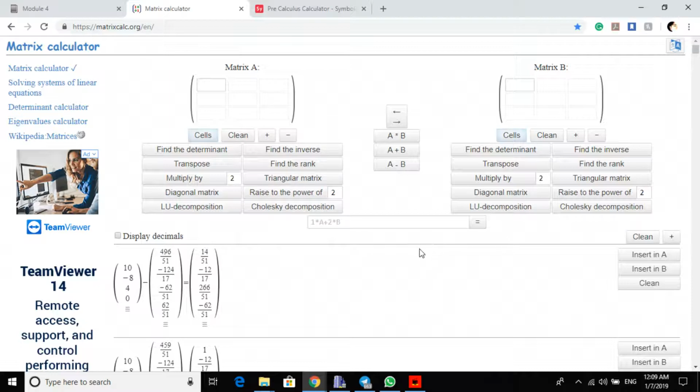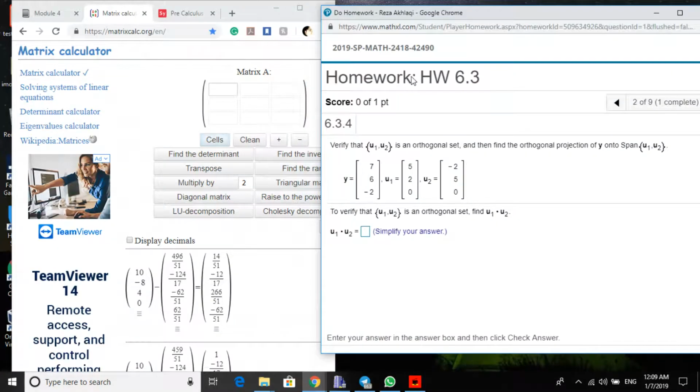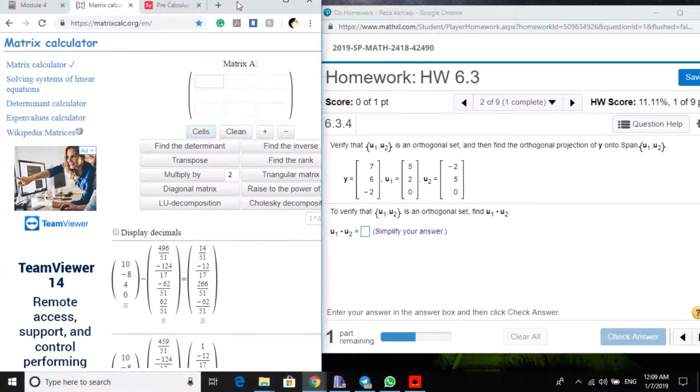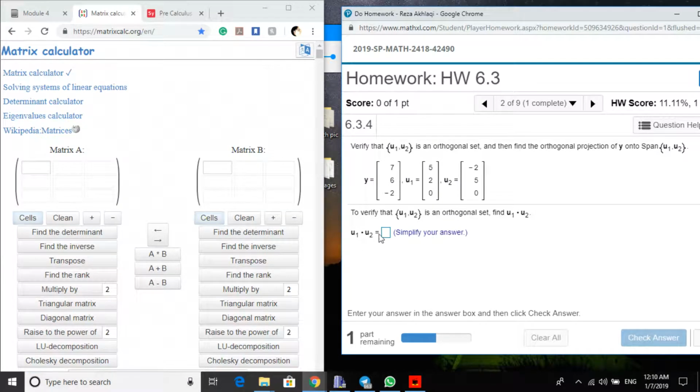It's very useful. We have to make u1 times u2.